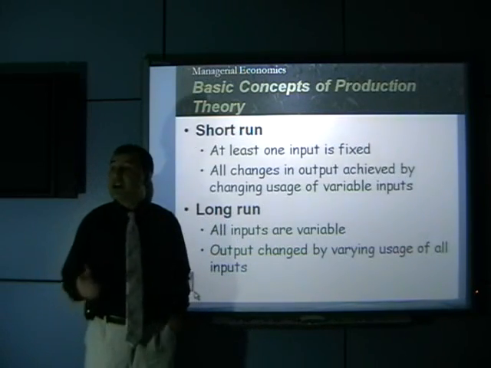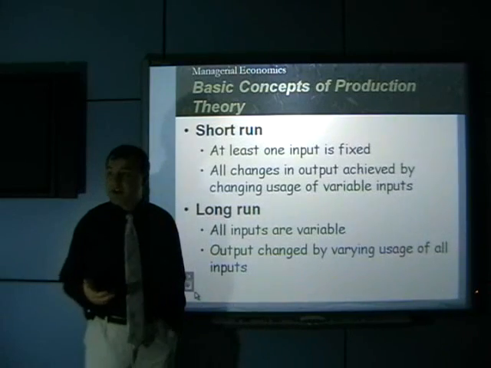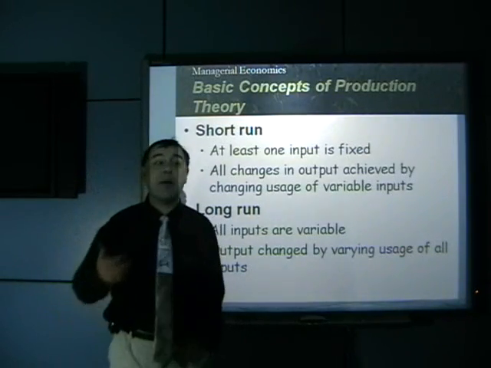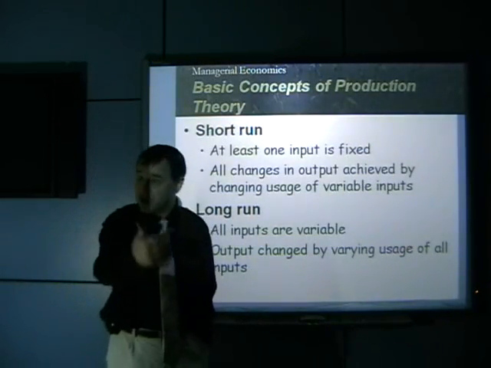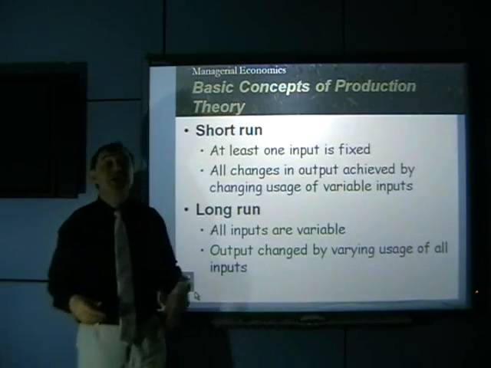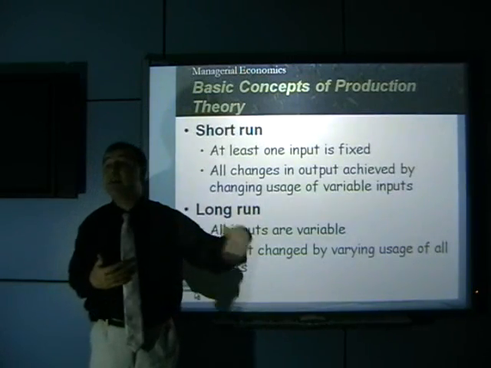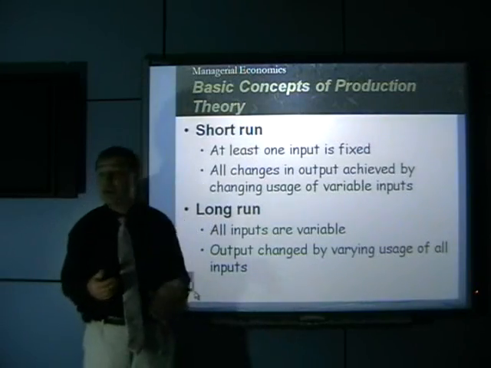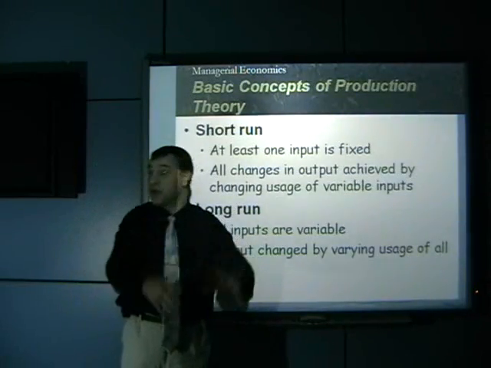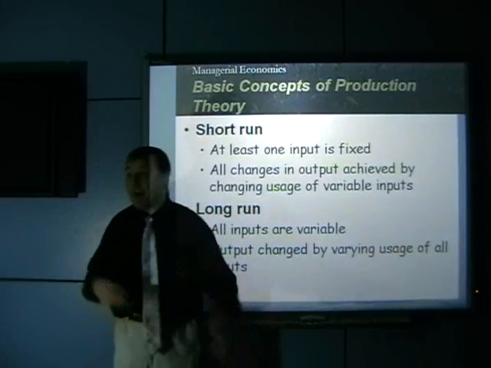Now, those industries which are relatively capital intensive, one of the most capital intensive will be nuclear energy or oil energy. The long run could be 5, 8, or 10 years down the road. In other words, for the next 10 years, you're stuck with this nuclear plant, you're stuck with your refinery and everything else.